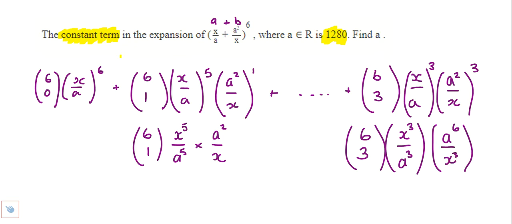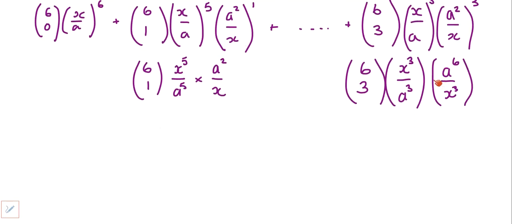Alright, so at this point I know if I multiply those two things together I'm going to get rid of those x to the power of 3, aren't they? They go. There's suddenly my x is gone, I've got my constant term. So simplify again, well 6, 3 can be evaluated on your calculator in this case, which will give you 20.